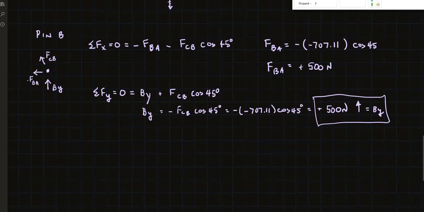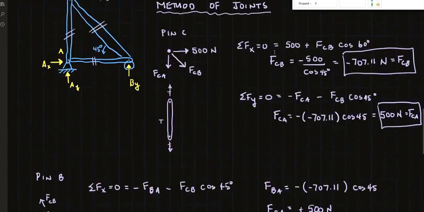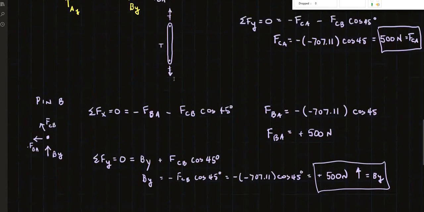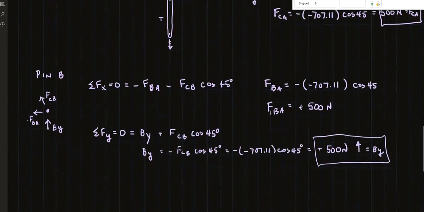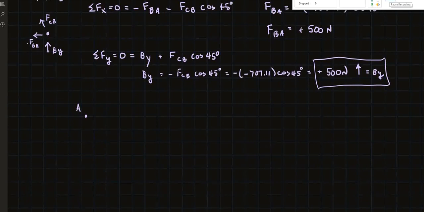So now that I've figured out the forces in all my members, any force that turns out to be negative means that, because of the convention I use where I always draw my element forces outward, any force I get that's negative always turns out to be a compressive force. So let me draw all the forces at the pins in the correct direction now.